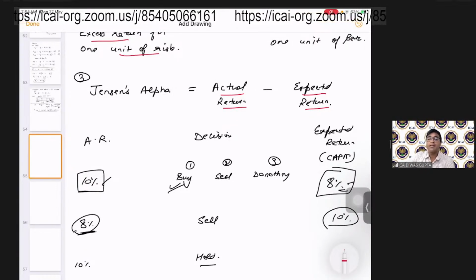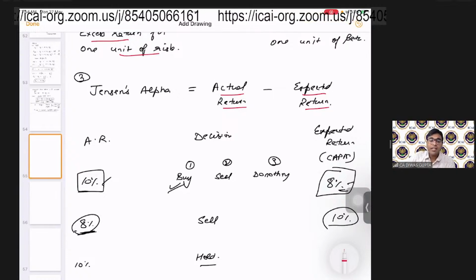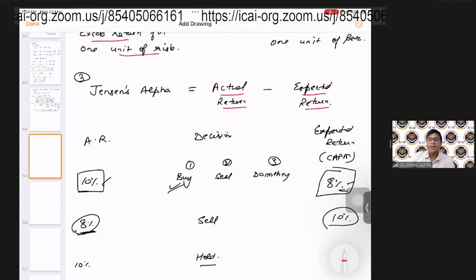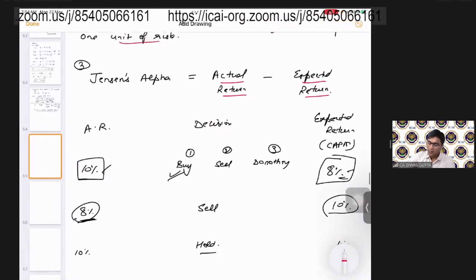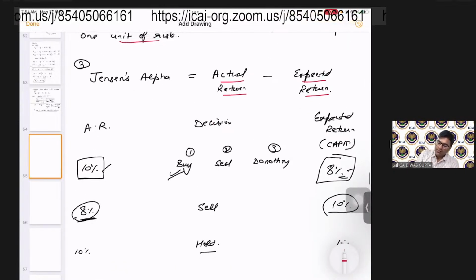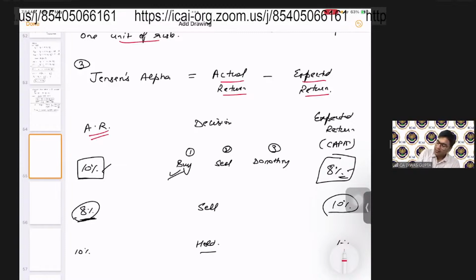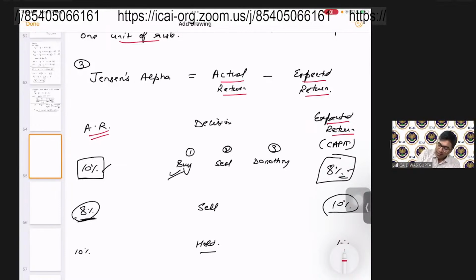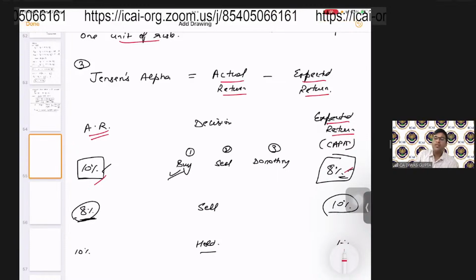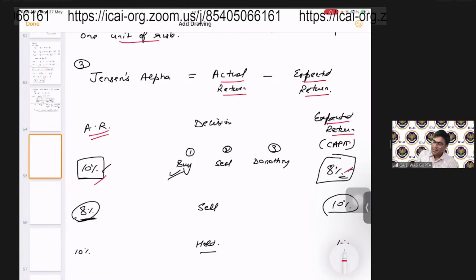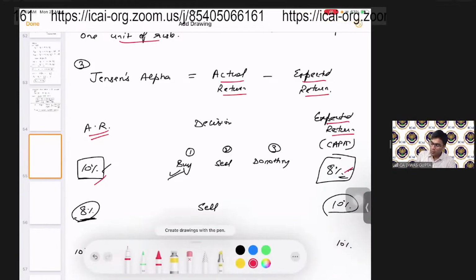What should our expected return look like? However, whatever we are actually getting will make a difference. For example, we took three different cases here: the actual return and expected return. Let's say actual return is 10% and expected return was 8%. Come on, tell me, students, what will you do?